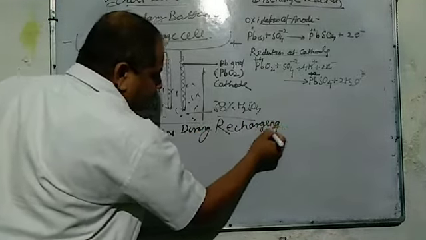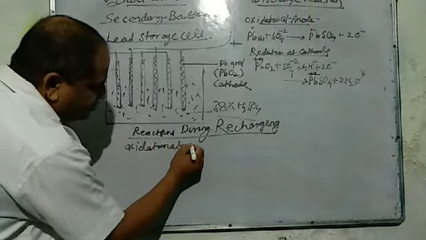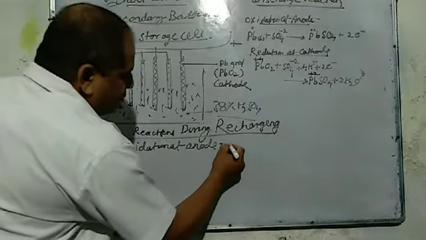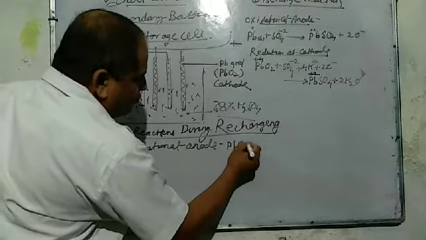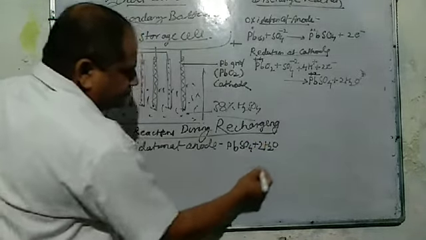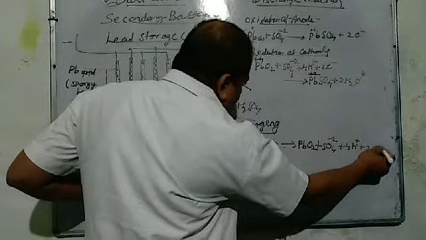Reactions during recharging. So oxidation at anode: PbSO4 plus 2H2O gives PbO2 plus SO4 2- plus 4H+ plus 2 electrons.